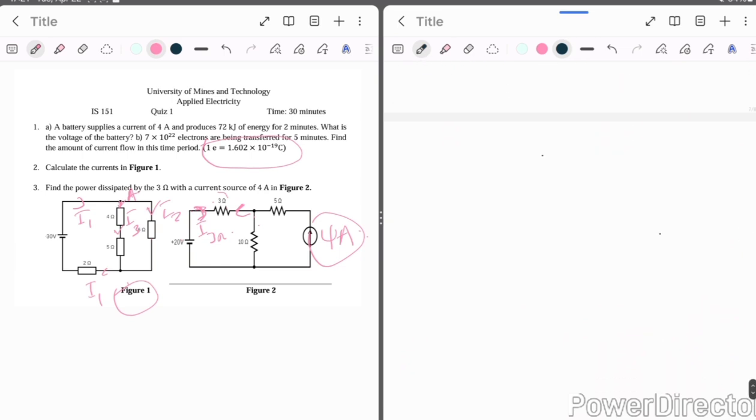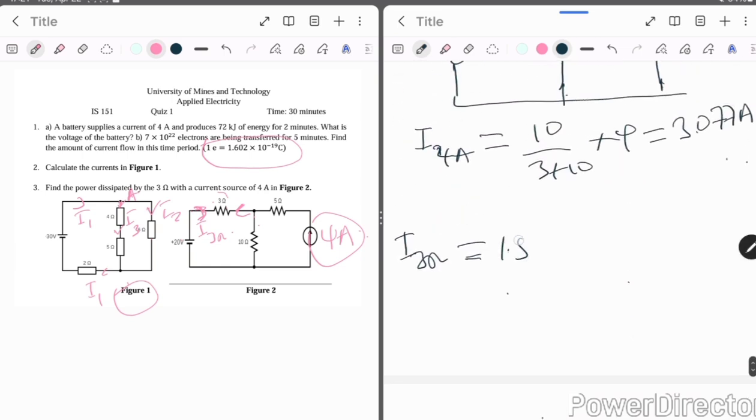So I'm going to have 1.538 minus 3.077, because it's opposite to it, and this will give us minus 1.539 amps.